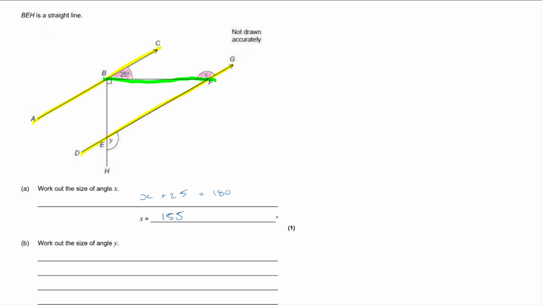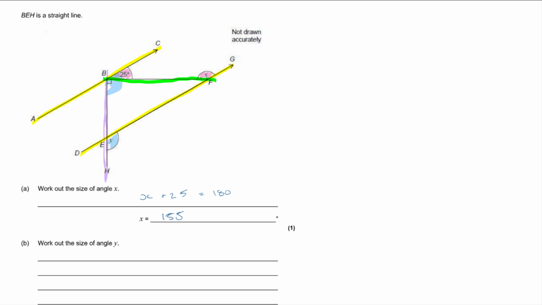Now, can I work out Y? Well, again, I've got a pair of parallel lines, and I've got another transversal crossing them in this direction. And this angle down here is one of the angles in a pair of parallel lines and a transversal. Now, this one up here, the 25 and the right angle, must be corresponding to that Y, mustn't it?